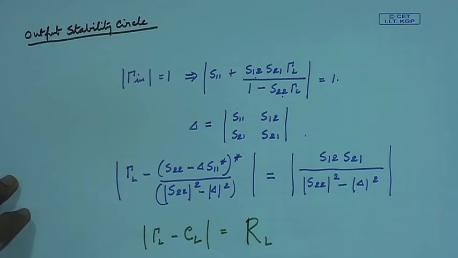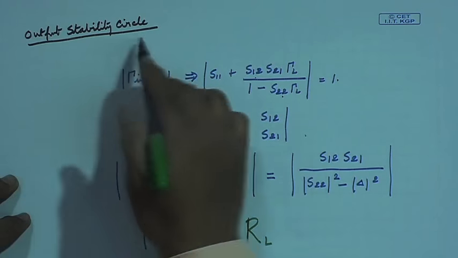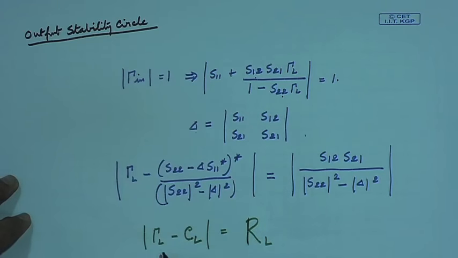So, this represents a circle, that is why the name output stability circle. Here CL is the center of the circle, RL is the radius of the circle.